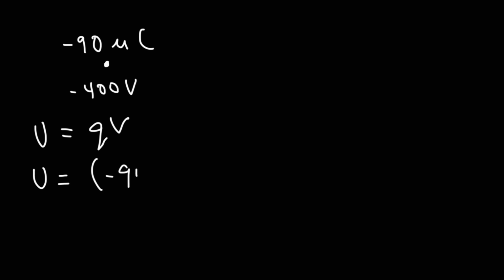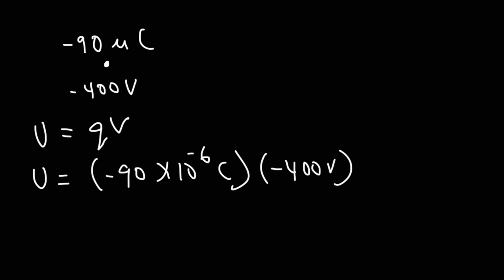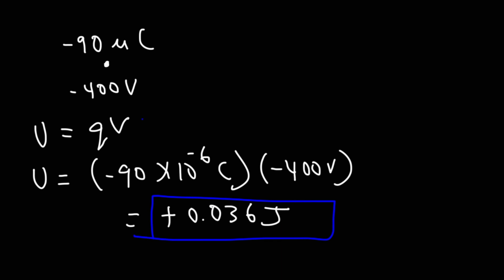It's going to be negative 90 times 10 to the minus 6 times negative 400. And that's going to be positive 0.036 joules. So the electric potential energy could be positive or negative.